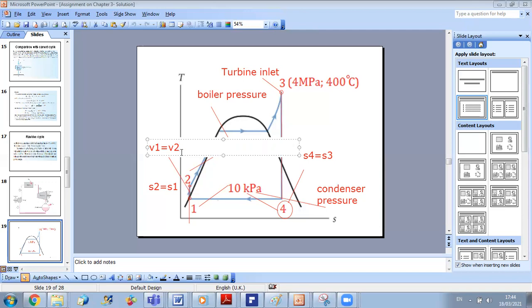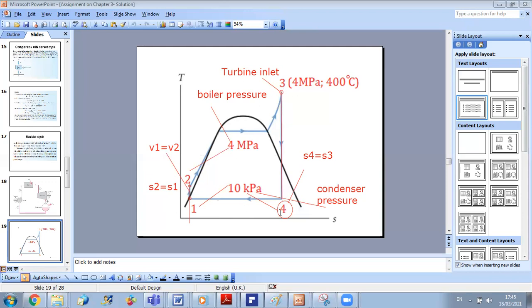And in this way, I can say that the work given to the pump will be equal to the specific volume times delta P. So knowing the difference in pressure and knowing the value of the specific volume at 1, I can determine the work of the pump from it. And then knowing the work of the pump, I can calculate the enthalpy at point 2. We will see this in detail in the calculation. So this is my general strategy to determine the different point conditions.